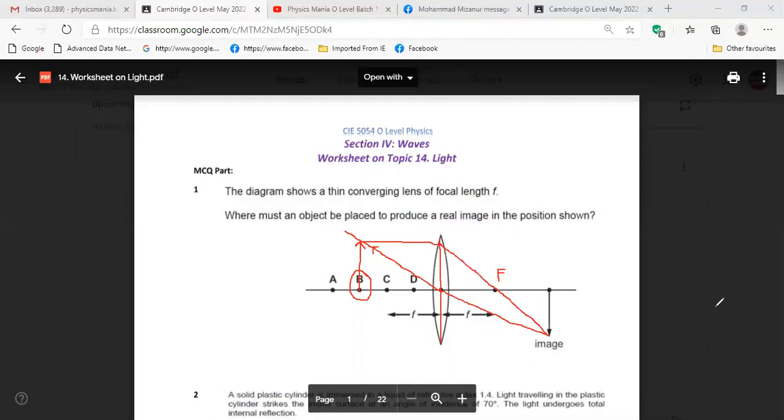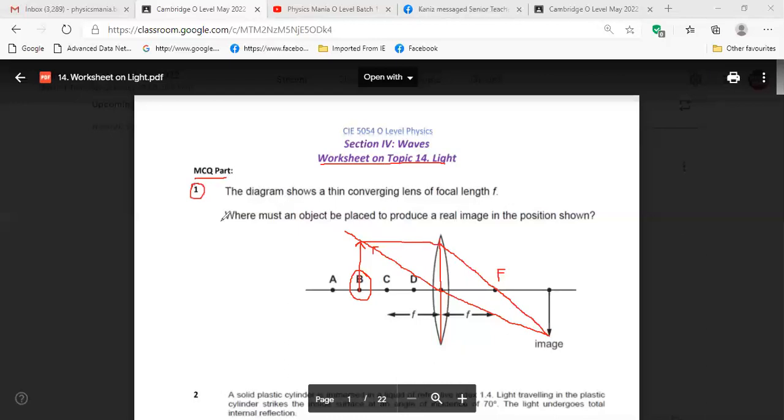So one thing you can do now, on your copy you write this: worksheet on topic 14 light. Then you write MCQ part. Then you write question 1.